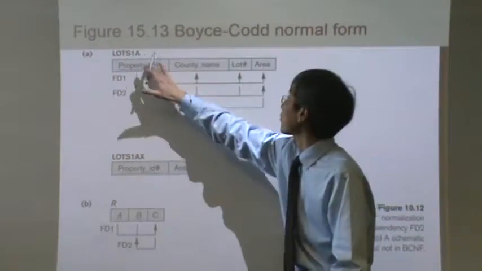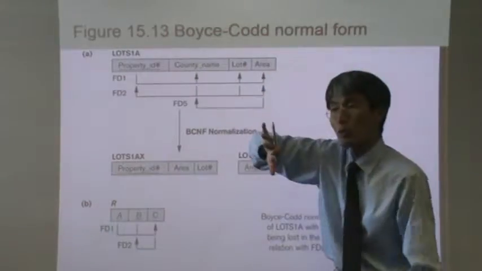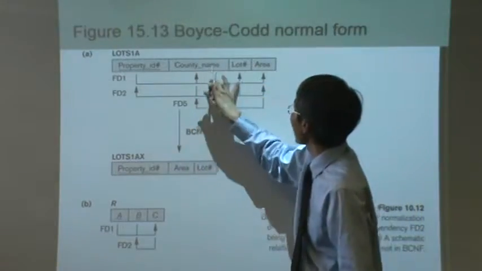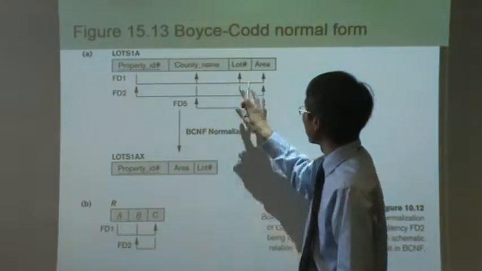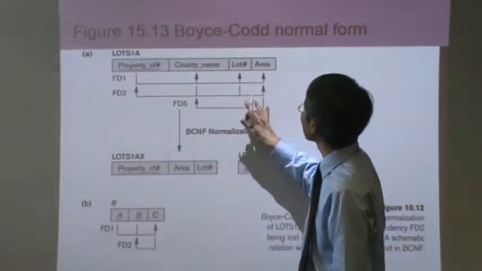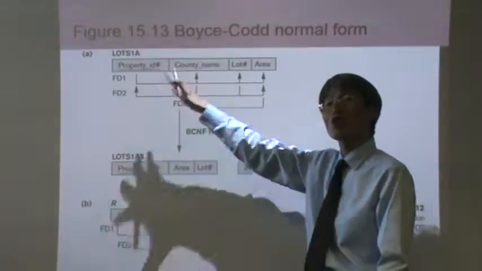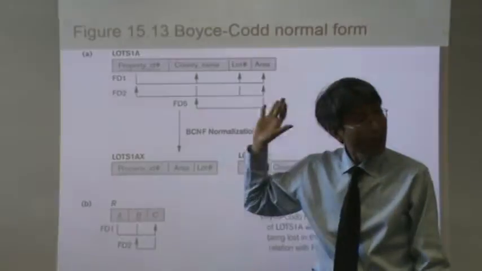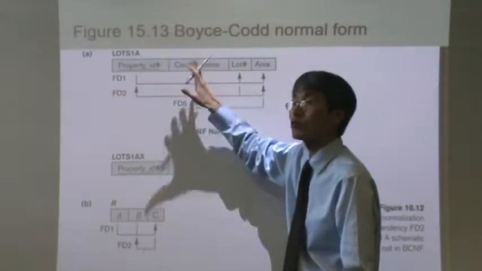So this is prime, prime, prime. What about the first normal form? Yes, it's first normal form. What about the second normal form? It's fully determined by the primary key. And what about this one? It's determined by a non-prime, so it's not partial. It's determined by the non-prime attribute, so it's okay.